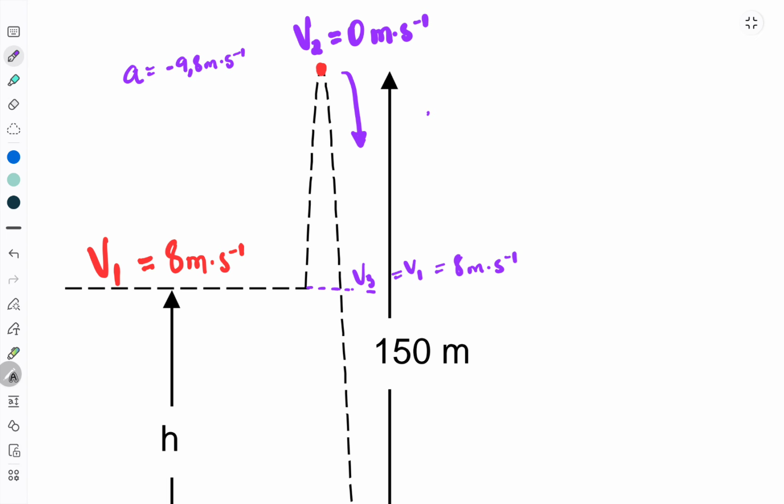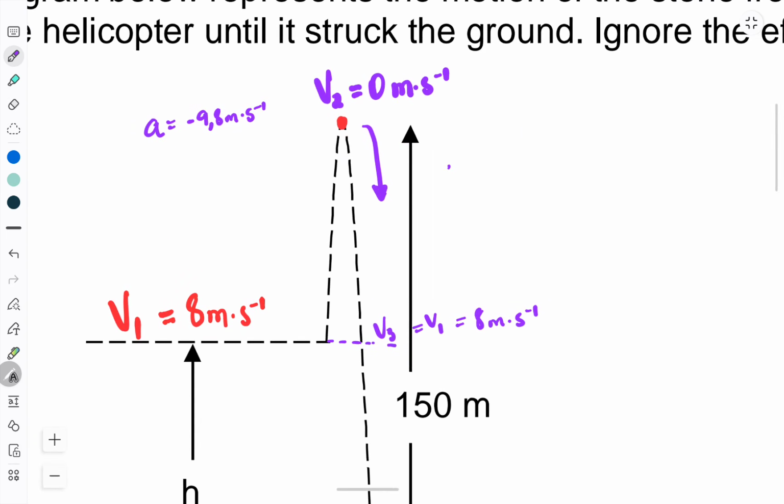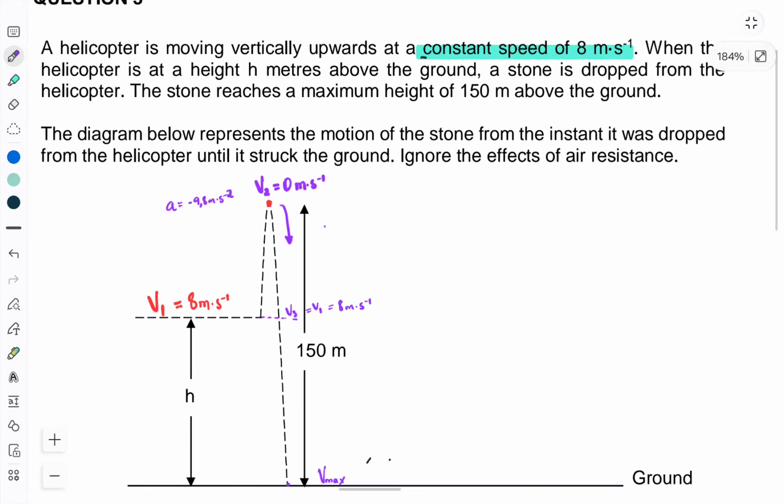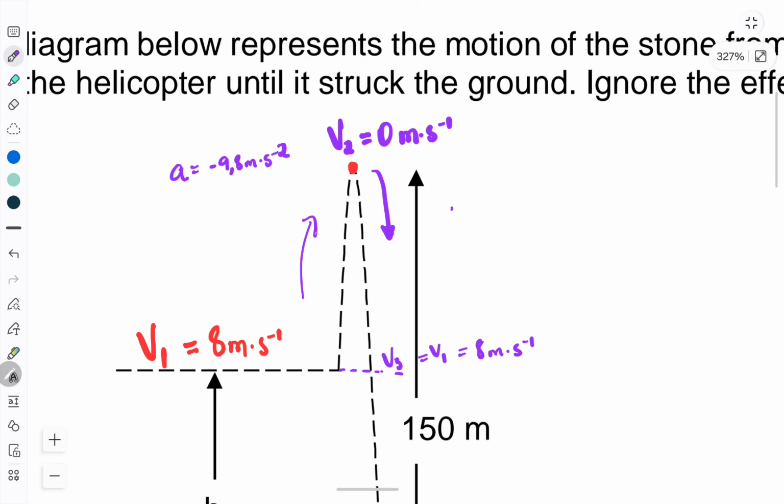But throughout the whole journey, the acceleration will be 9.8. Oh, no, my units are wrong. It will be 9.8 meters per square second. That's our acceleration. So let's check. If we choose up as positive in this case, our acceleration will be negative. If we are here and we are choosing up as positive, our acceleration will still be negative because acceleration is going down. So that's one thing to keep in mind.